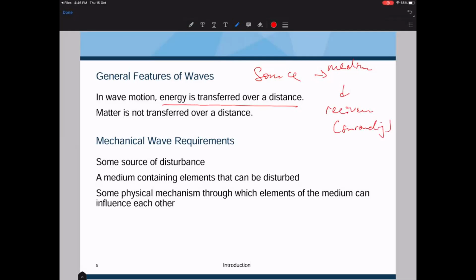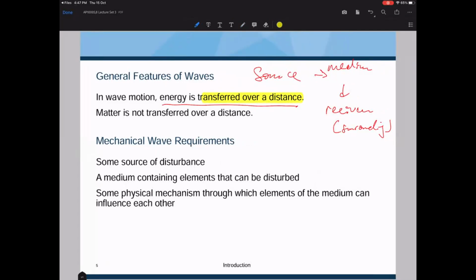Sorry for the very rough writing, but it is just a quick concept, so no need to write very clearly. Hopefully, it's just an introduction. So you have the energy from the source, and traveled or transferred over the medium, over a certain distance in the medium.